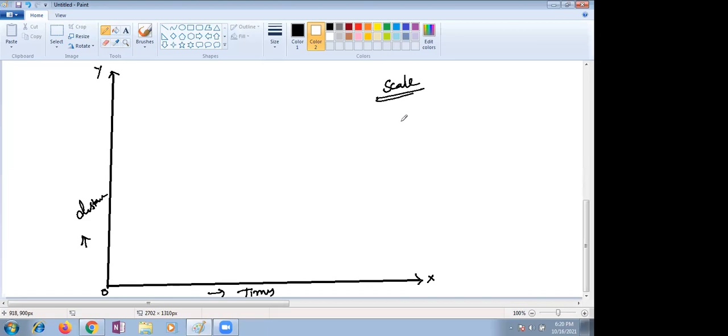If you take the scale as 60, then 1 unit equals 60 kilometers. So you take 0, 1, 2, 3, 4, 5, 6 on the graph paper, and you will get uniform distances, children.